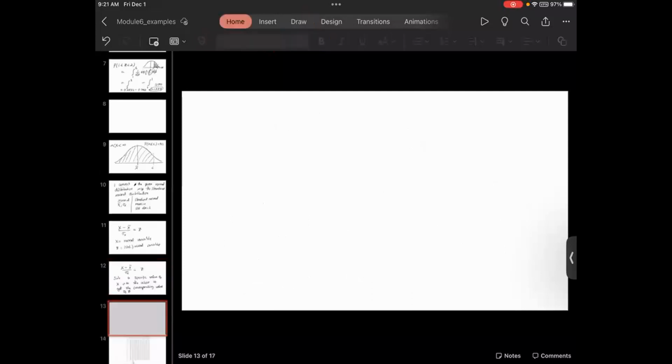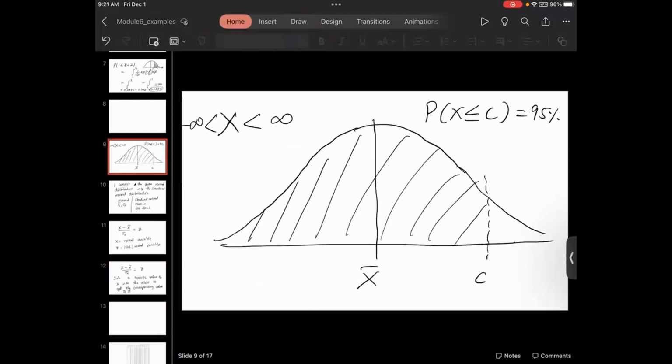Now the problem is actually asked in the inverse. That is, we are asked to say what value of c has 95% of the area under the graph, or 95% of the probability.